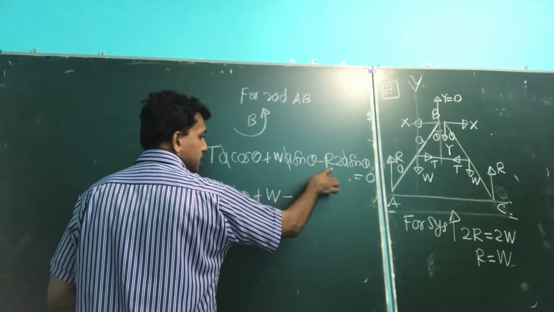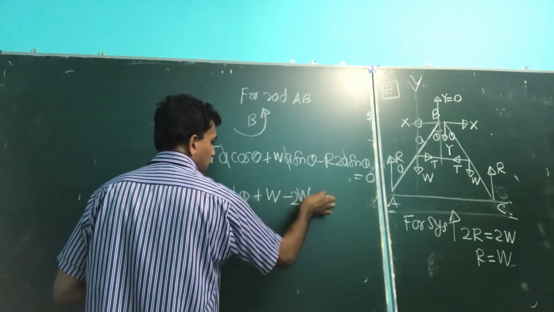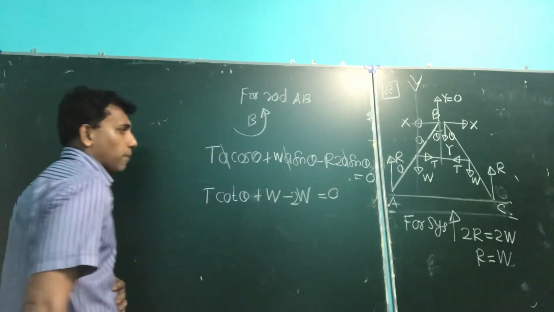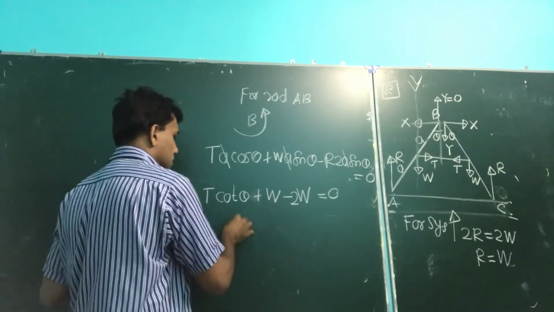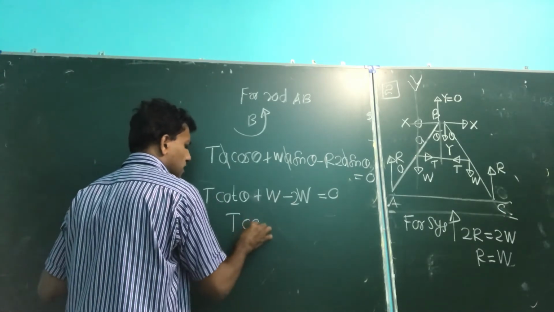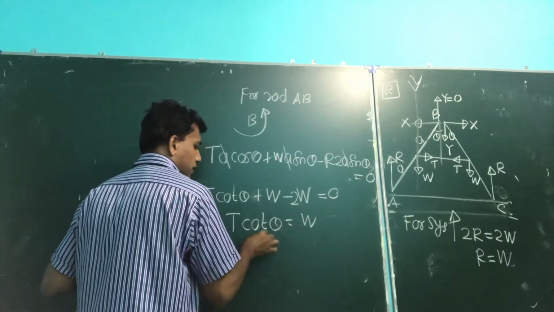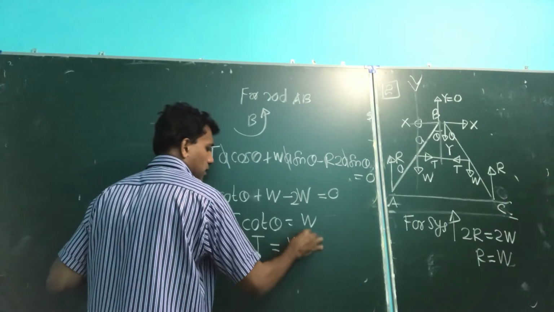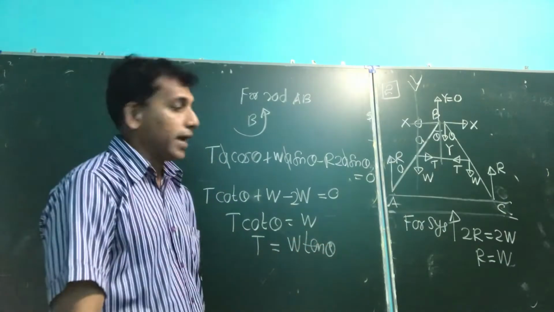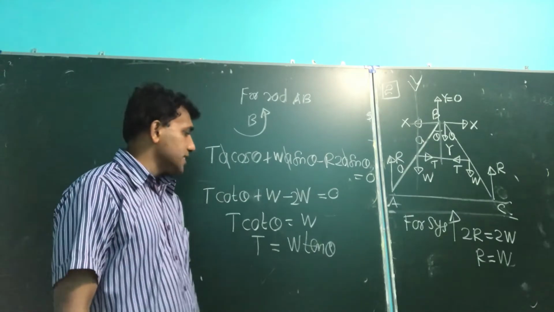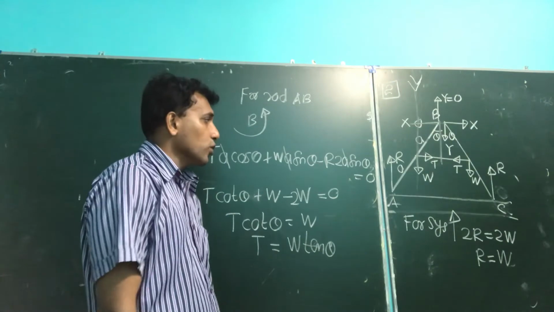Here R is W. Therefore minus 2W, so W minus 2W. Therefore the answer is T cot theta equal to W. So what is the tension? W tan theta. Is it okay? W tan theta is the answer, the tension in the string.